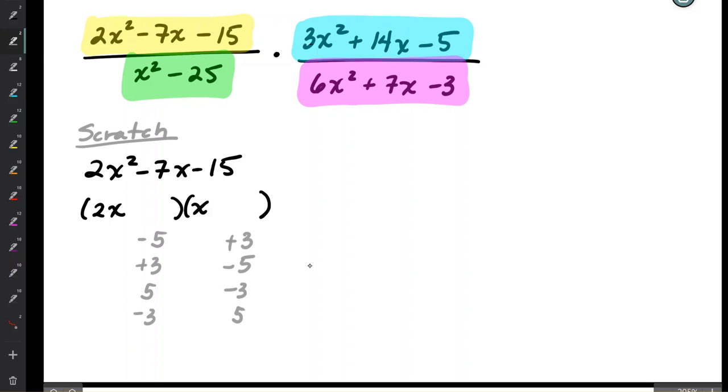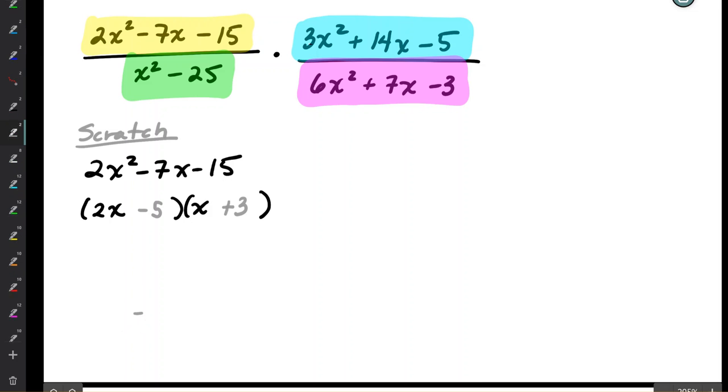Let's go ahead and just try this first one. What if we put a minus 5 and a positive 3? So 2x times a positive 3 would give me 6x, and minus 5 times x would give me minus 5x.